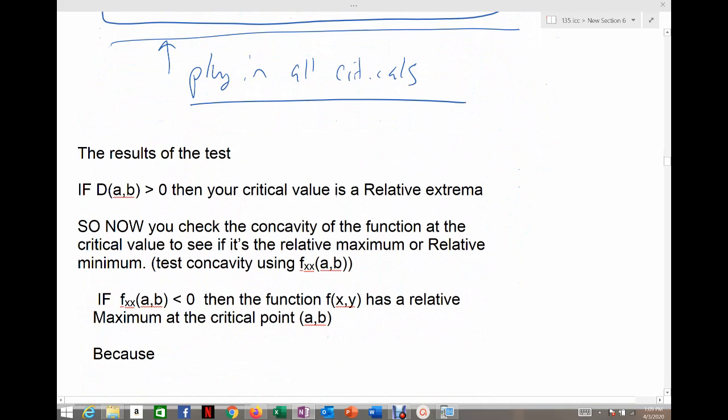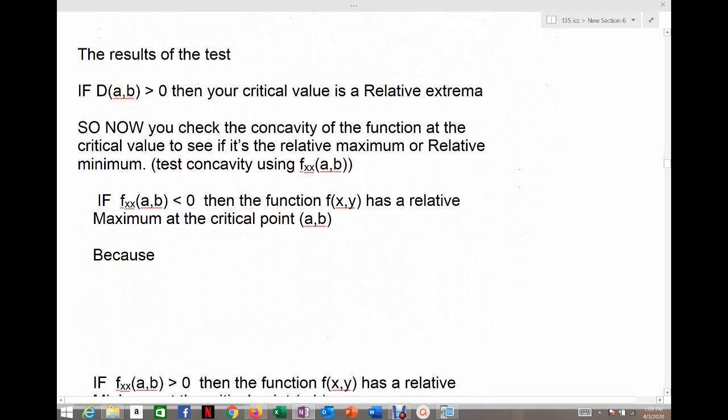So again, this is just in general. Remember, (a, b) is the critical point. We take the critical point and plug it into our D formula.